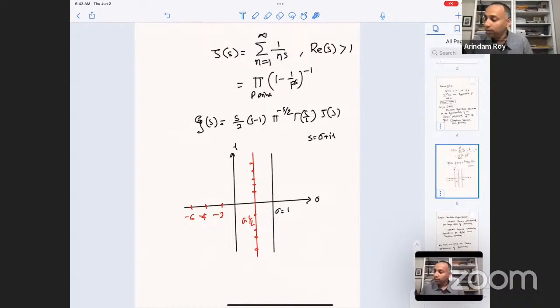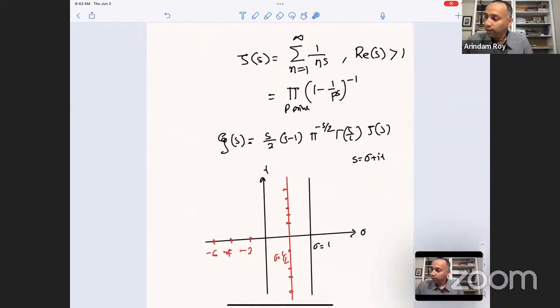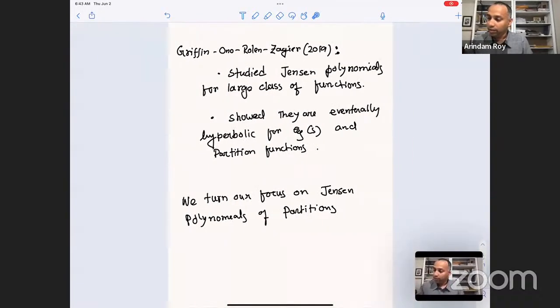So very recently, excuse me if I miss any result from Polya to Griffin, Ono, Rolen, and Zagier, but I think a major advancement was made by Griffin, Ono, Rolen, and Zagier.